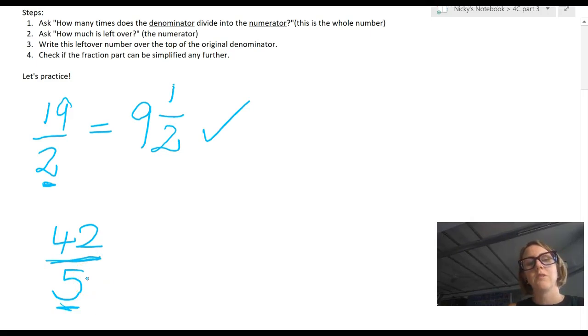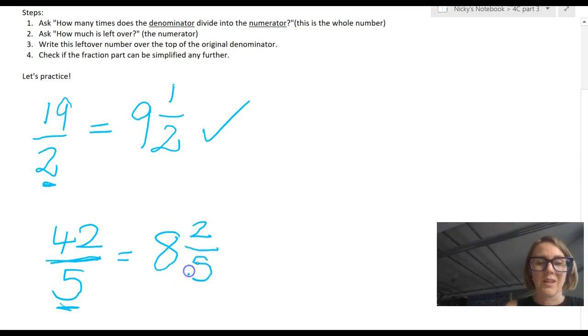So 5 divides into 42, not exactly again. So it goes into 40 though, okay? So it goes in 8 times exactly. And then because it's 42, there's 2 left over, over my original denominator of 5. And then again I check, can 2/5 be made any smaller? No, it can't. Okay, so it's 8 and 2/5.